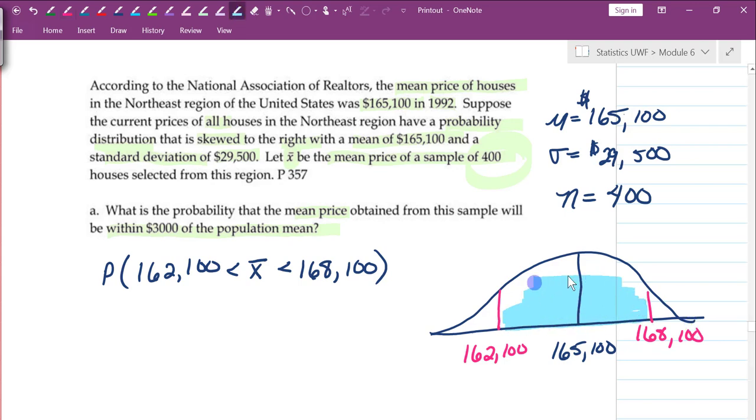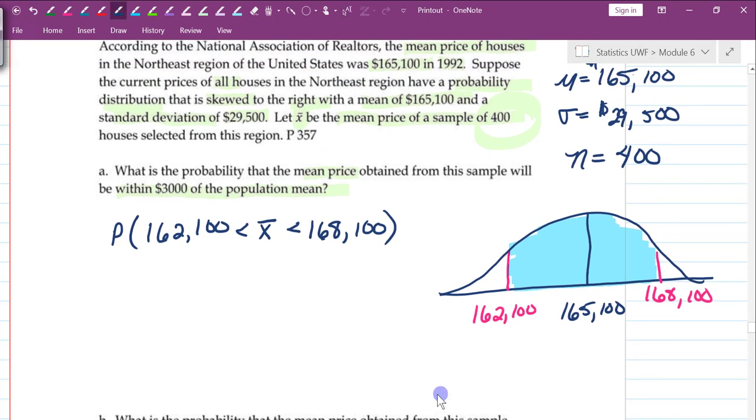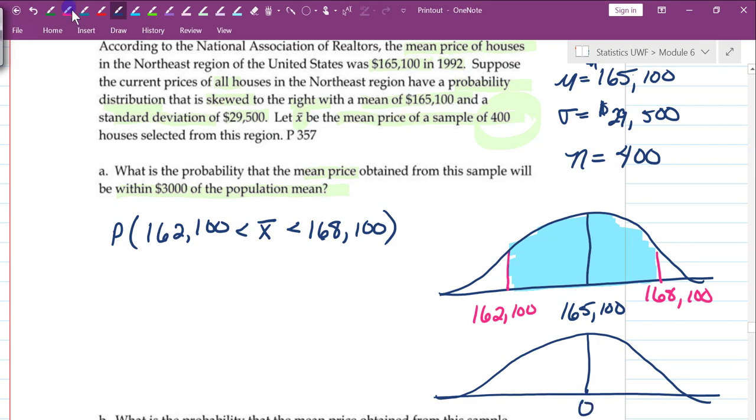This is the area under the curve that we're looking for. We're going to draw our standard normal picture. It'll look just like this, except to have the standard deviation with our z values, our mean in the center. And now I need to standardize this value first.